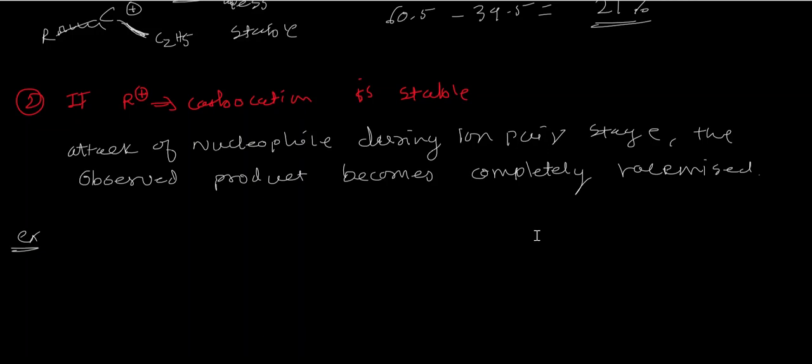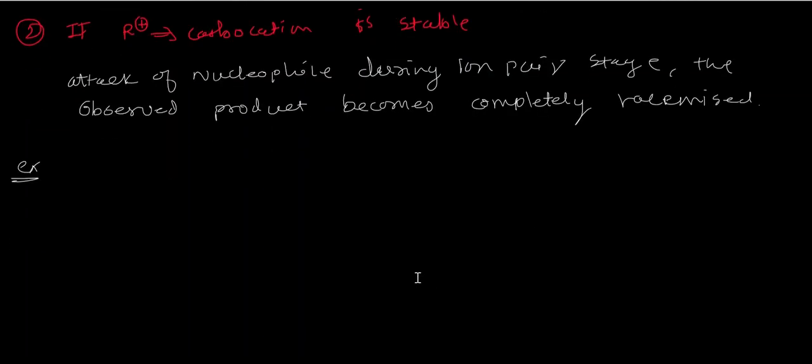For example, now let us understand the example. CH3, this should be Ph, and this is 1-chloro 1-phenyl. We are going to consider the example of 1-chloro 1-phenyl ethane. Here H is there, here chlorine is there.